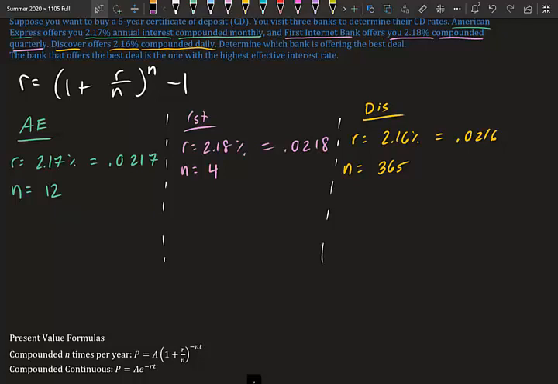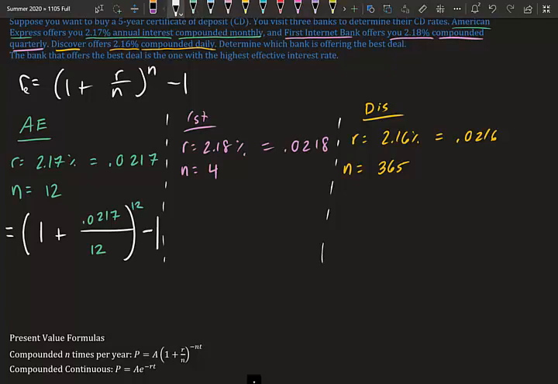So our first one, American Express, we have the effective rate equals 1 plus 0.0217 over n, which is 12, and that's to the power of n, which is 12, all minus 1.